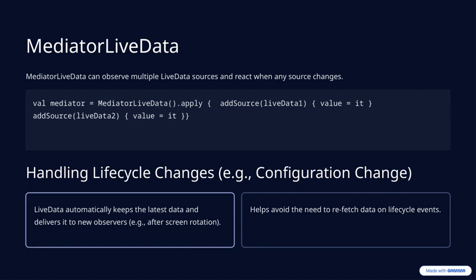This means we don't have to worry about refetching data every time the configuration changes, which simplifies our code and improves user experience. Overall, these features, MediatorLiveData's ability to observe multiple sources, and LiveData's automatic data delivery after lifecycle events, help us build more resilient and responsive apps that smoothly handle user interactions and device changes.